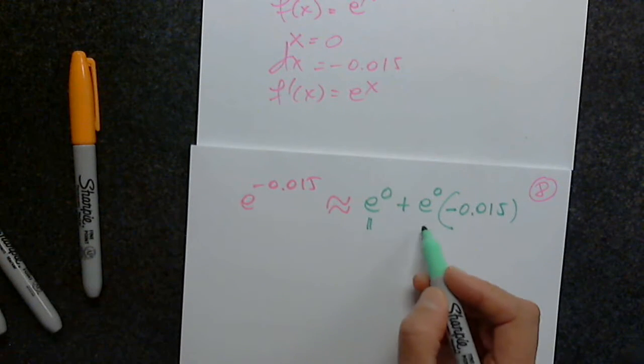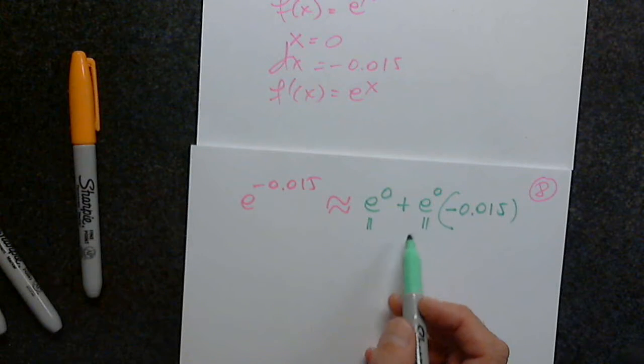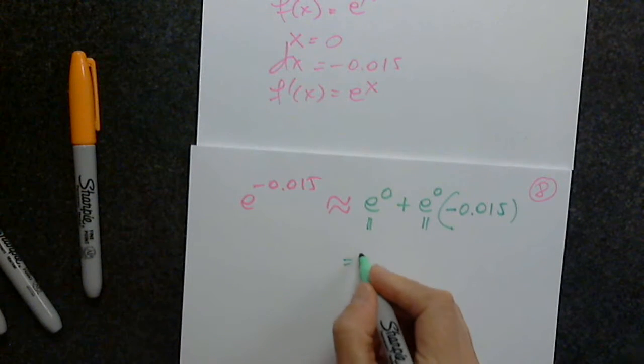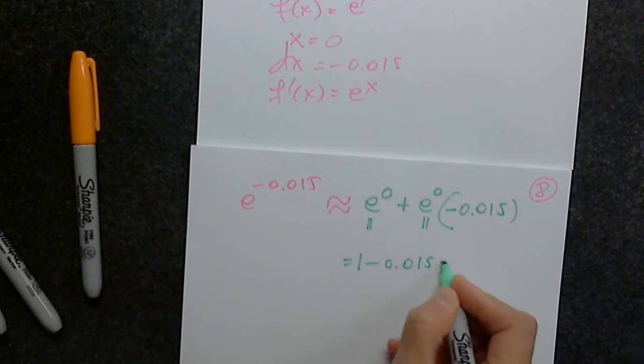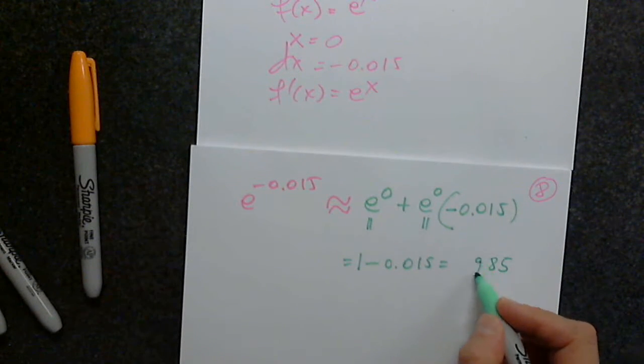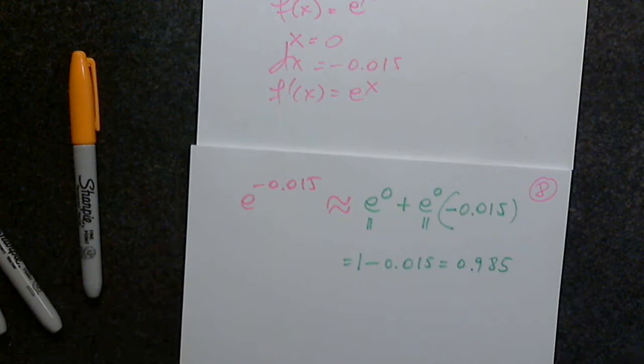So what do these equal to? Both of them. 1. So then this is 1 minus 0.015, which is 0.985. Not even in your wildest dreams you would have ever thought to be able to approximate e to negative 0.015.